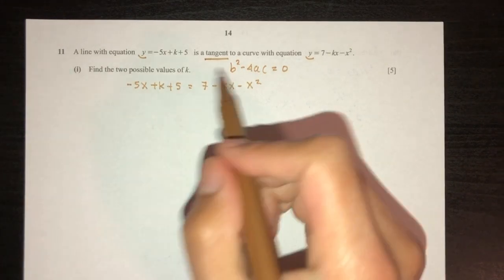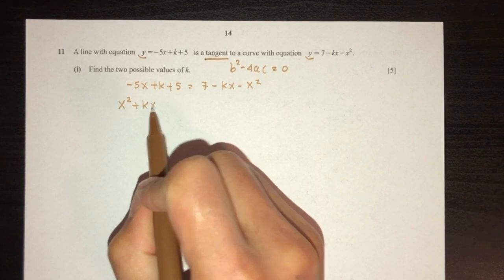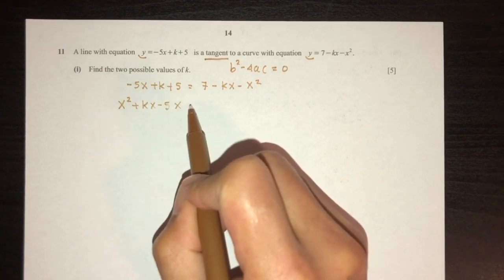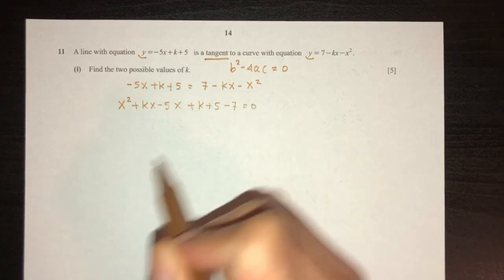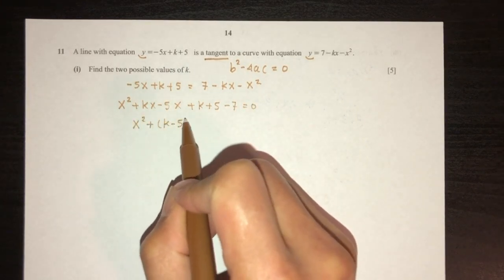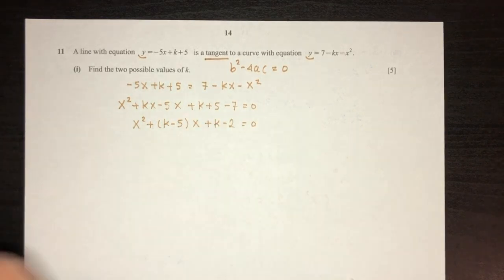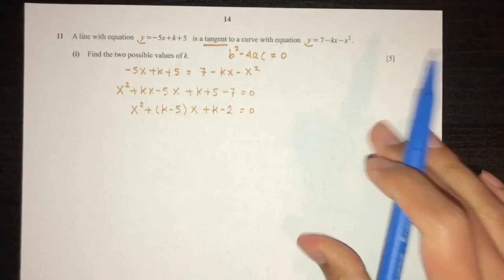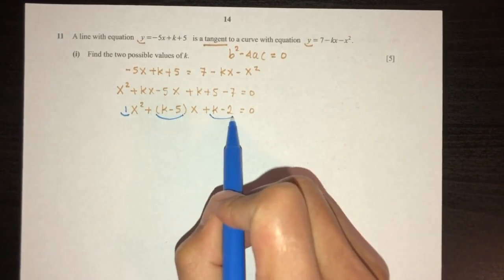You will have x squared plus kx minus 5x plus k plus 5 minus 7 is 0. So x squared plus k minus 5 x plus k minus 2 is 0. So now if you compare, this is 1 here, this is your a, this is your b, this is your c.